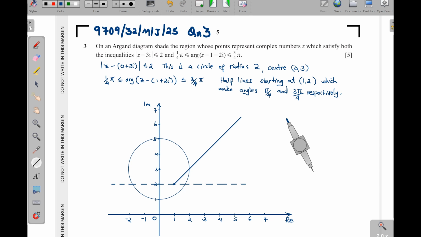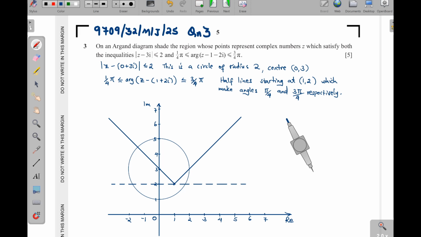And then the other one has to be 135, which falls in the second quadrant here. In other words, we add 90 degrees here. Okay, so this is the one here. So 135 is exactly here.